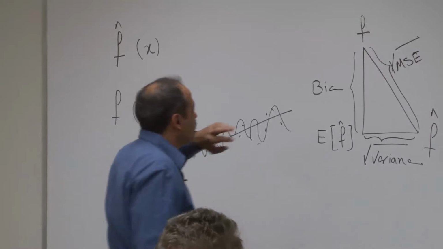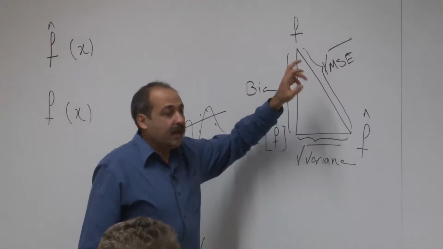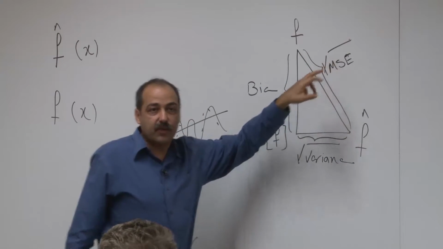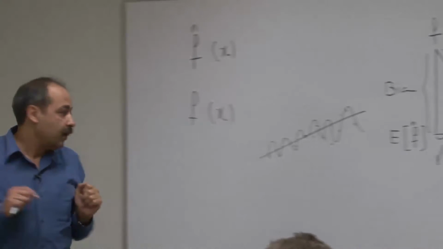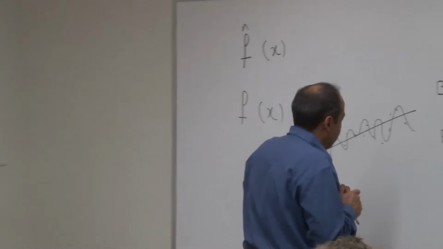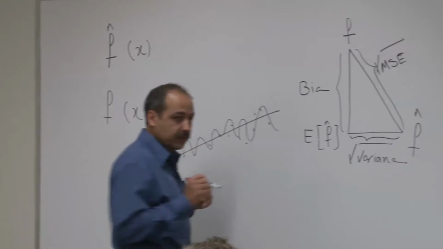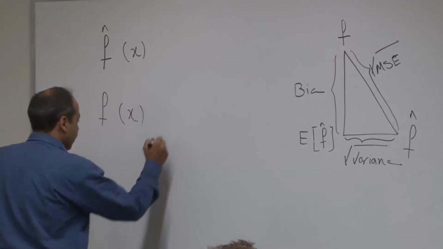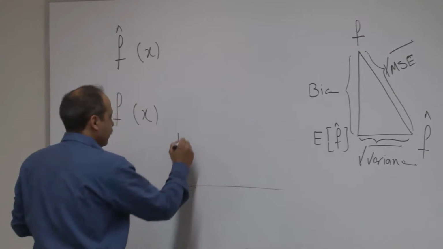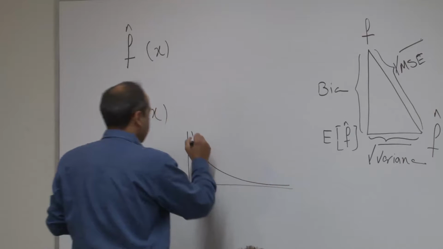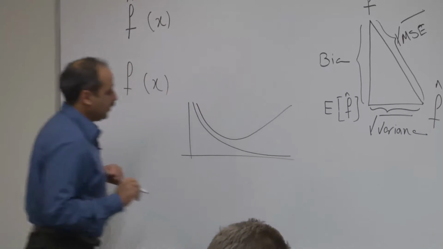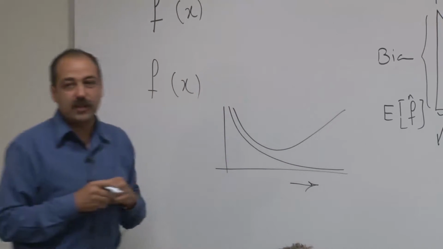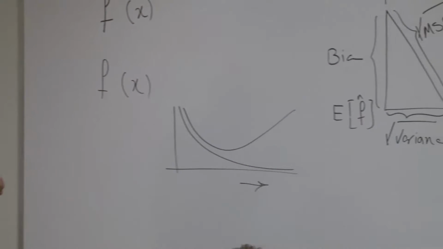So there's always a trade-off, and in order to minimize the error, we need to understand this trade-off and choose the right model. If you look at the learning curve, in all types of learning, the x-axis is the complexity of your model.